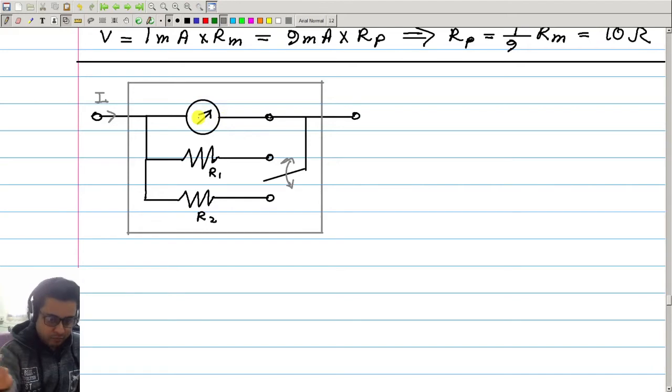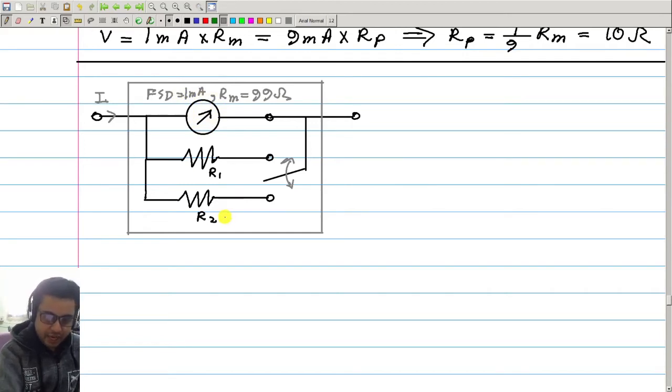Now I can give you a question, for example: the meter resistance Rm is equal to say 99 ohm, and the full scale deflection current is 1 milliampere for this meter alone.